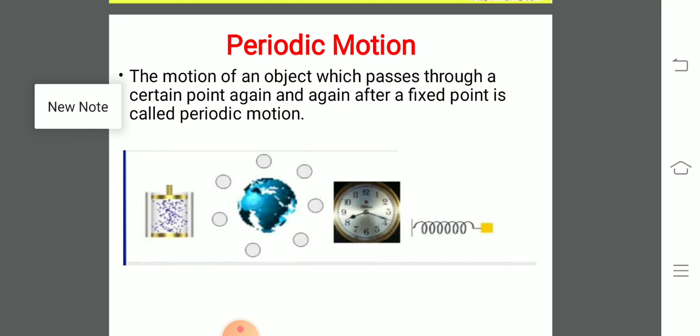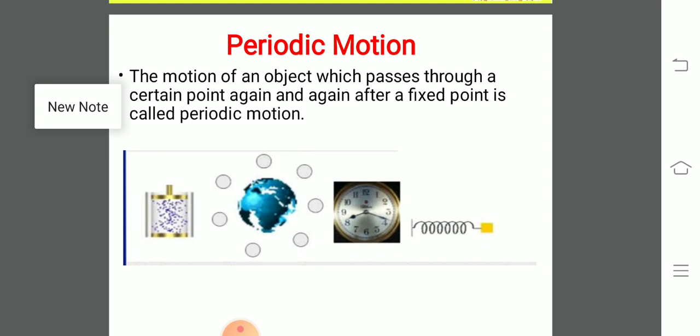The last example I have shown is the motion of a vibrating spring. There is continuous repetition of motion after equal intervals of time.